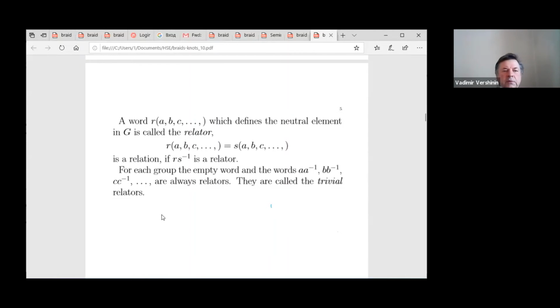It's only, I think, a mathematical word. I never met this word in English, but in group theory it is a standard term, relator.